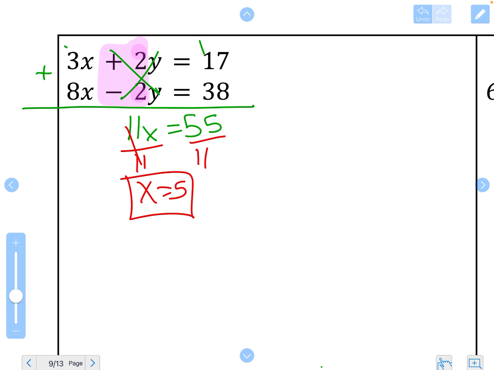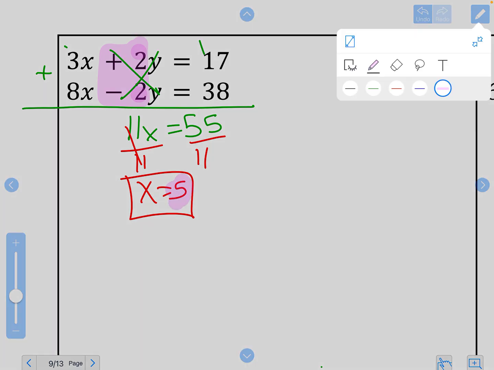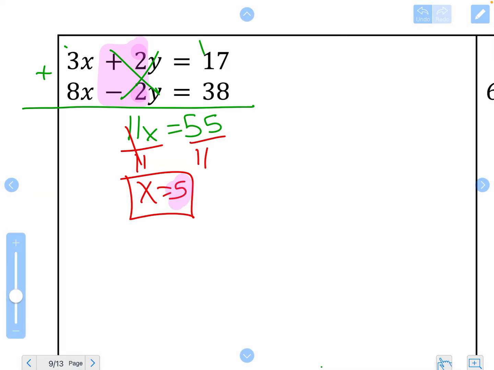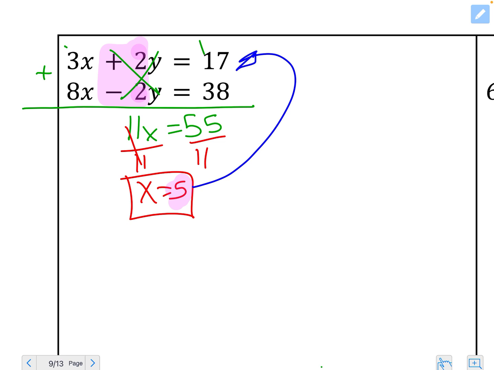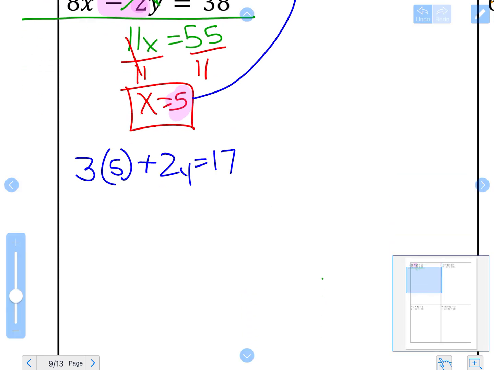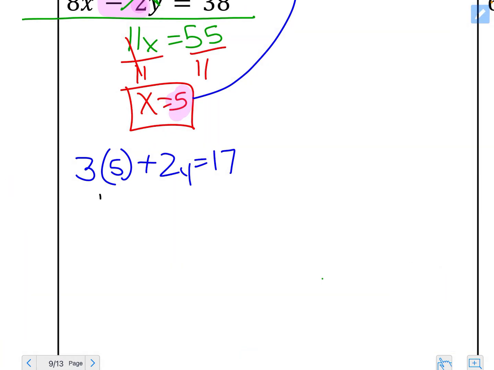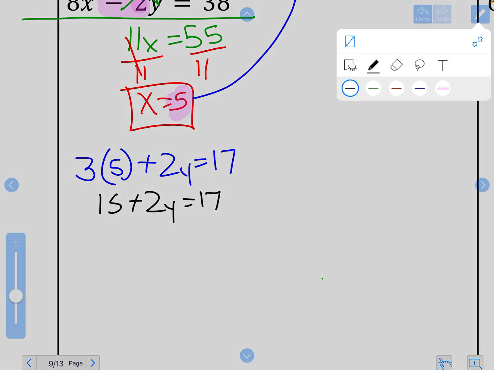So I'm going to highlight what comes after the equal sign because I need to substitute or replace. Because x equals 5, I'm going to put a box around the x. So instead of writing x, I'm going to put my 5. So 5 times 3 is 15 plus 2y equals 17.